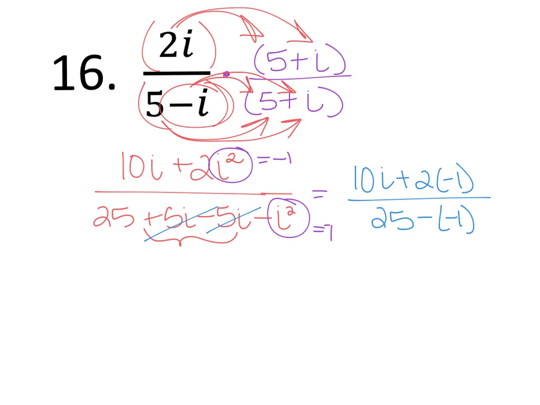Let's simplify even more. Positive times a negative equals a negative, so I have 10i minus 2 on the top, and 25 minus a negative 1 becomes a positive, and that becomes 26.